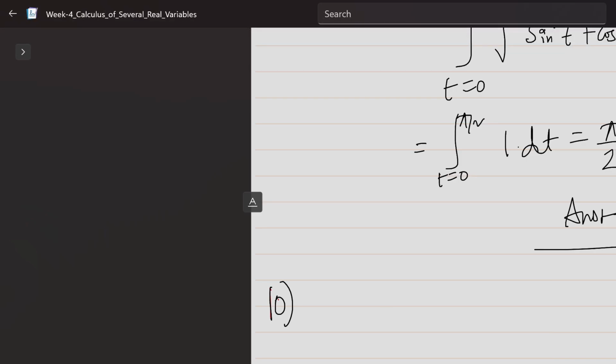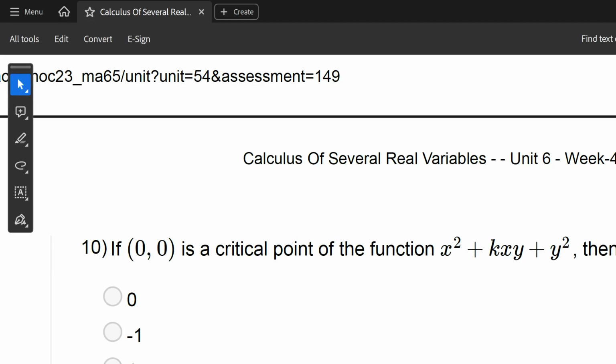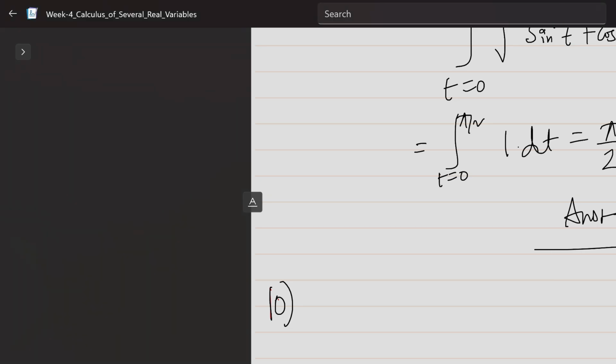Now let me see what you are saying. What is the value of k if 0, 0 is a critical point? So first, 0, 0 is already given, it is a critical point. So that means del f del x at 0, 0 is 0 and del f del y at 0, 0 is 0. That is always true because it is already given. No need to find the critical points, or you cannot find them also because it is in terms of k.